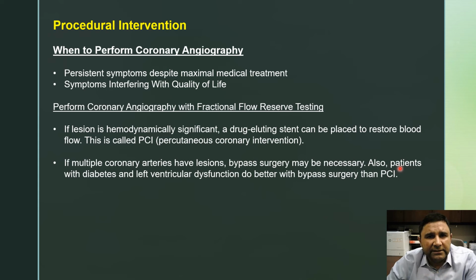So in those cases, the patient will have to undergo a full cardiac bypass surgery. Also, it has been found that in patients who have diabetes and who have some left ventricular dysfunction, bypass is much more effective at improving the quality of life and even mortality than doing a percutaneous coronary intervention. So these decisions will be made at that stage.